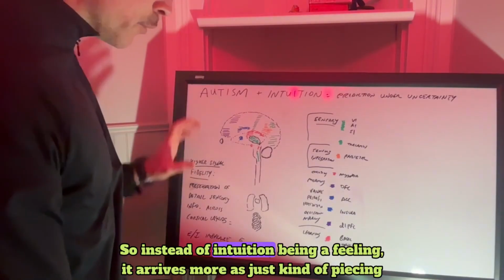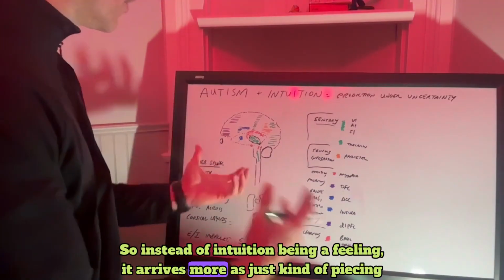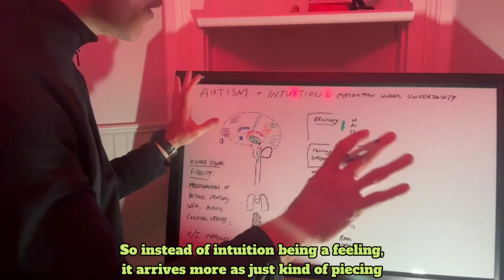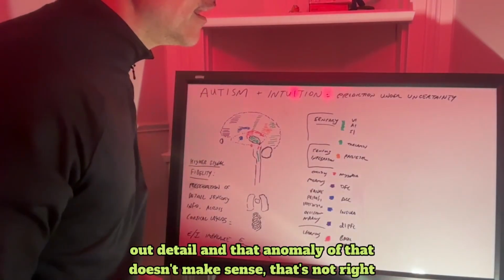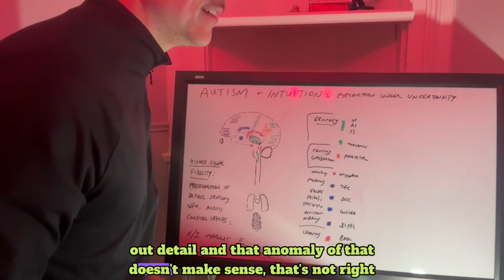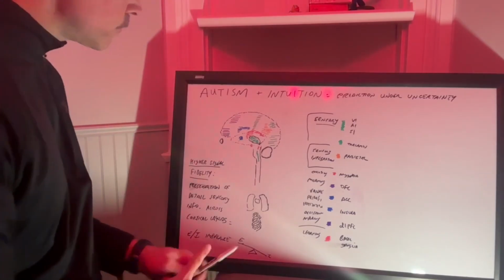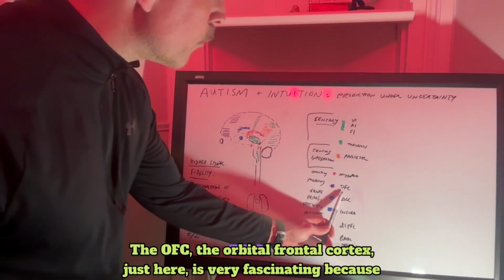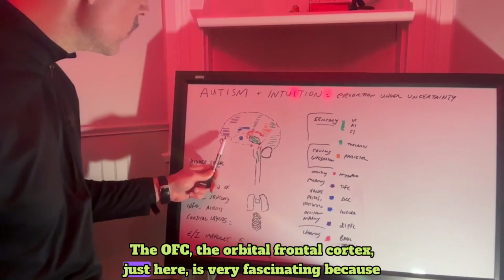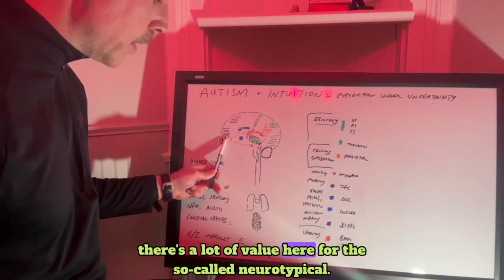So instead of intuition being a feeling, it arrives more as just kind of piecing out detail and that anomaly of, that doesn't make sense, that's not right, type of thing. The OFC, the orbital frontal cortex, is very fascinating because there's a lot of value here.